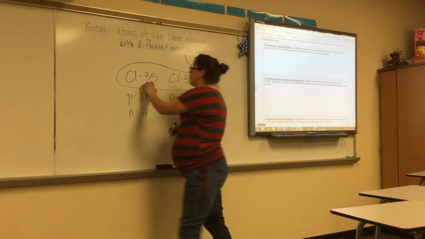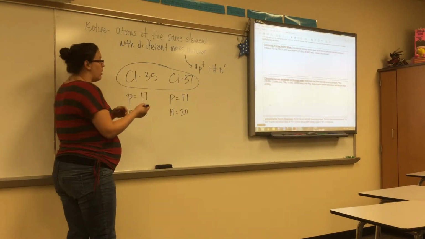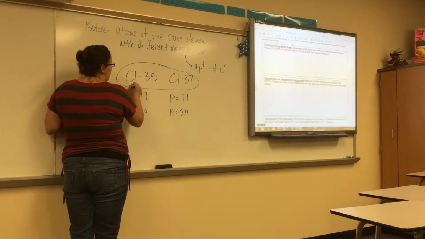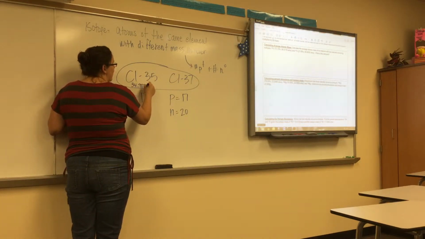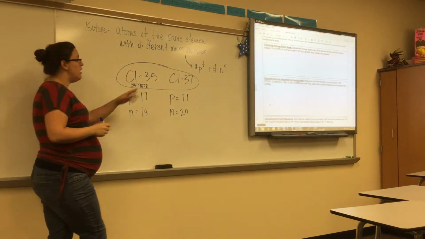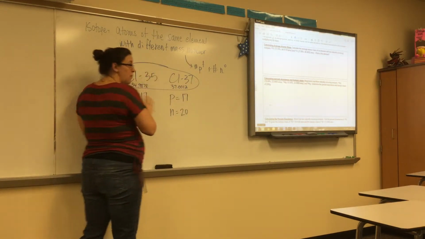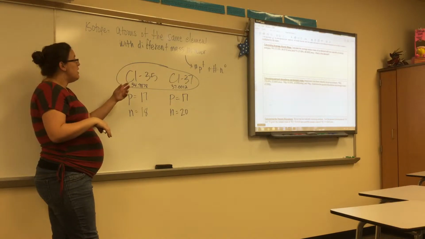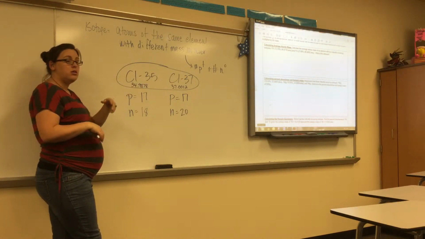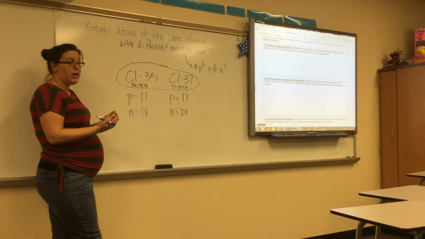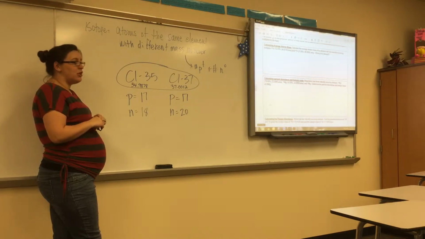And that's where we get into these more technical terms about percent abundance and actual isotopic mass. Because this chlorine-35, and I'm making this number up, may actually weigh 34.9878 AMUs, right? This one may be 37.0012. I made that number up, it's not correct, but each individual atom may have its own mass, its own weight, and then how often it occurs in nature.